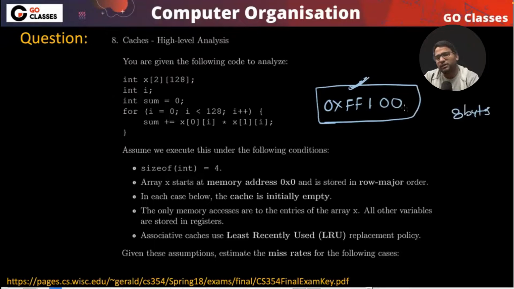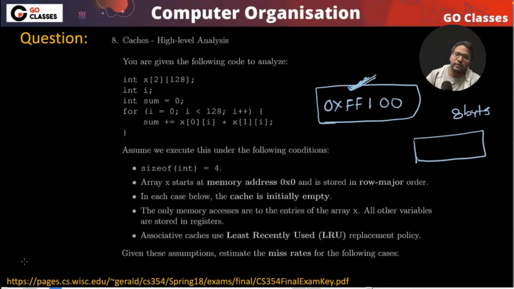Then can you tell me whether this address will be the start of any block? If the array is starting from this address, is this also a block boundary? Which means that if this is some block, then this address is either somewhere in between the block, or it is the beginning of a block. Can you tell me how to check quickly?